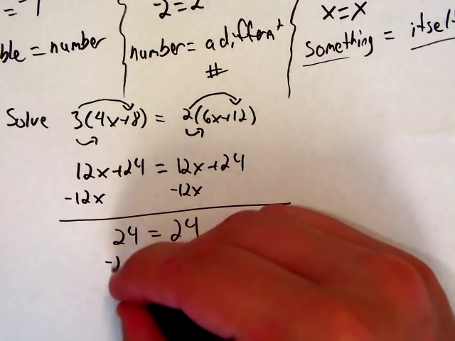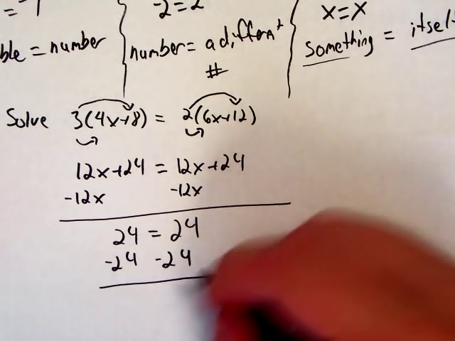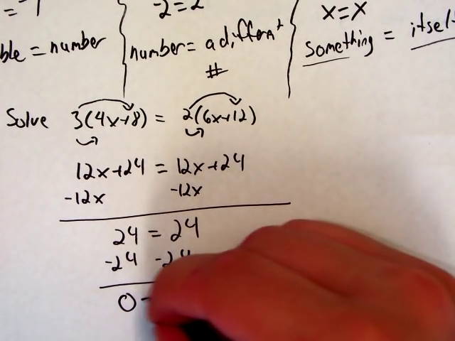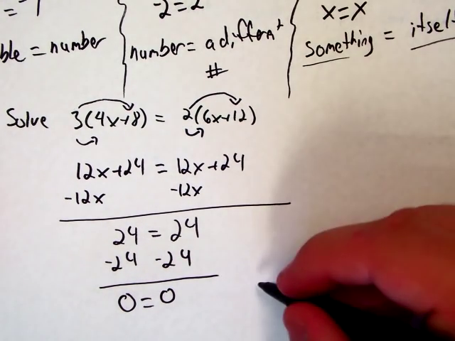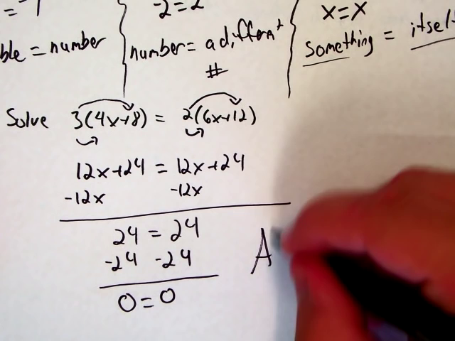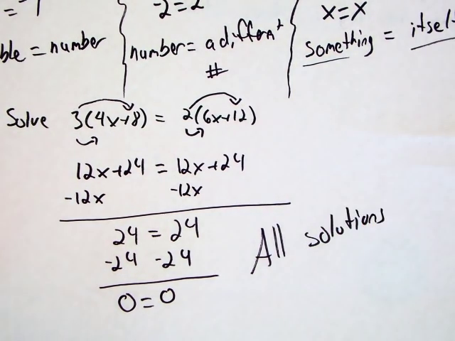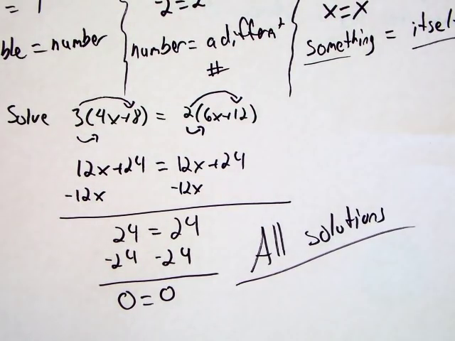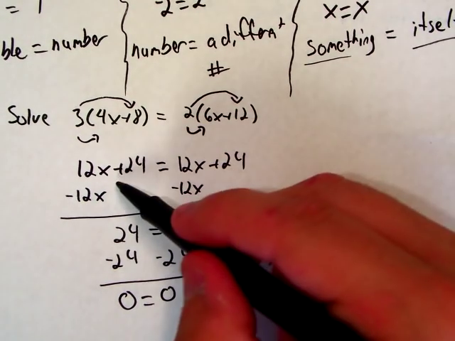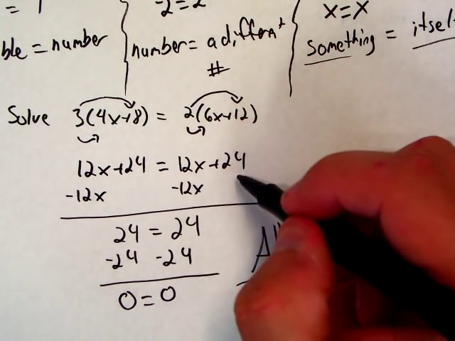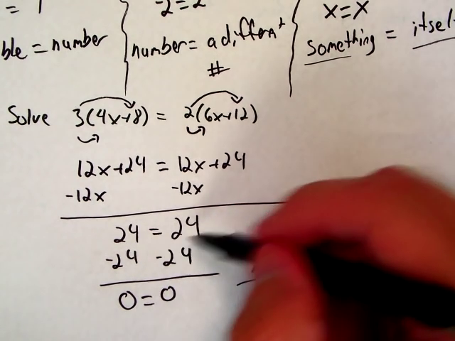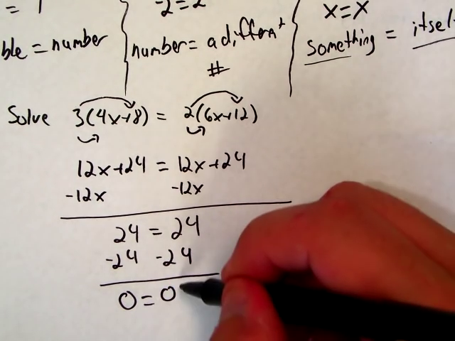And if I continue this process, subtract 24 from both sides, I now have 0 equals 0. And the way that I would write this is all solutions. Because you have something equaling itself.